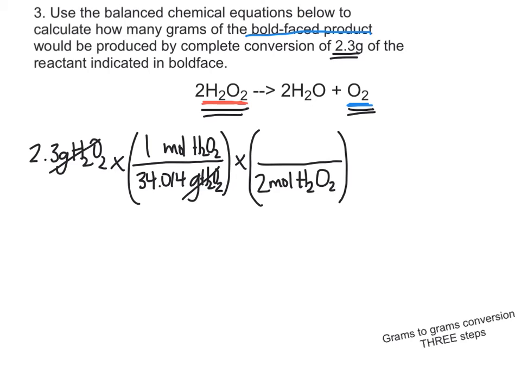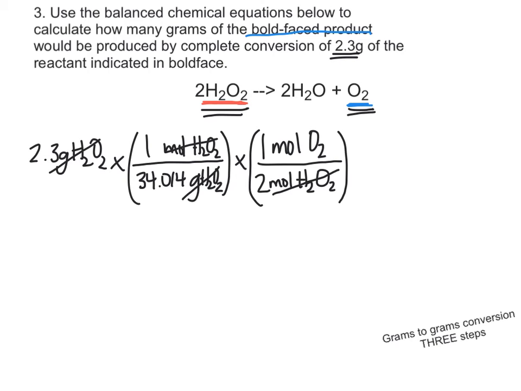And on top, I'm going to put whatever I want to get to, which in this case is moles of oxygen gas, and I only have 1 mole of oxygen gas in my reaction. By doing this step, moles of hydrogen peroxide have been canceled.